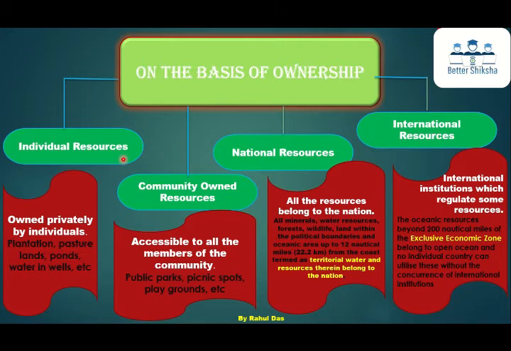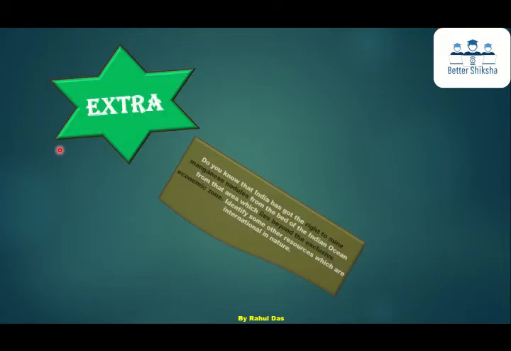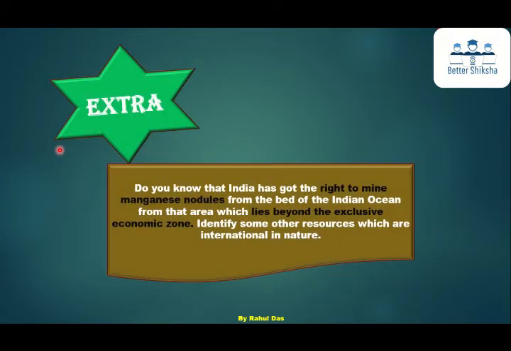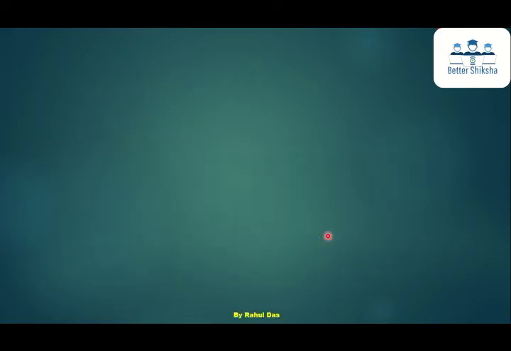That EEZ belongs to international resources. I have some extra information for you: India has the right to mine manganese nodules from the EEZ. You can read this, identify some other resources which are international in nature, and do that assignment in the comment box.